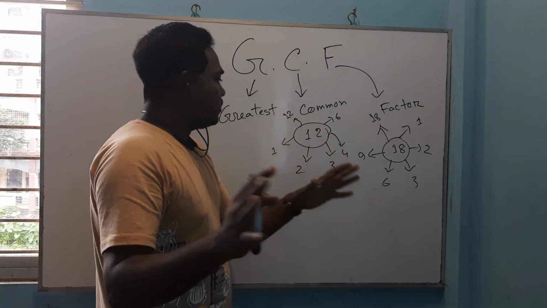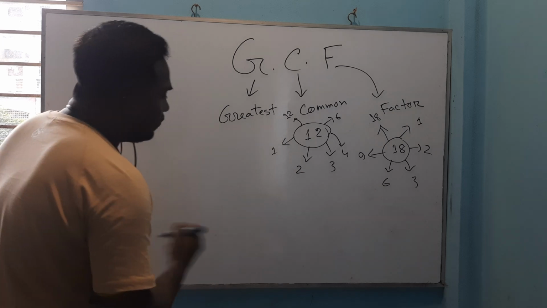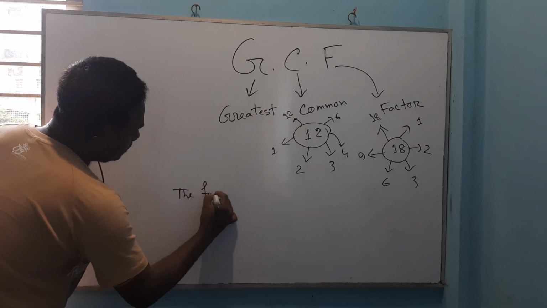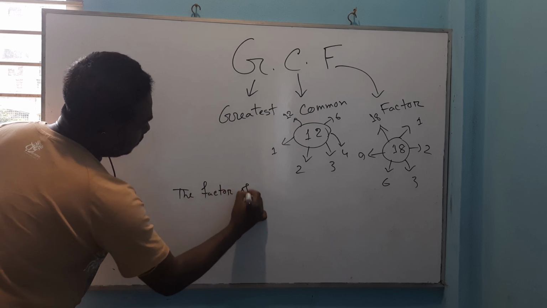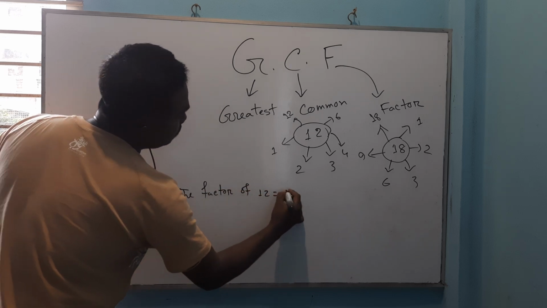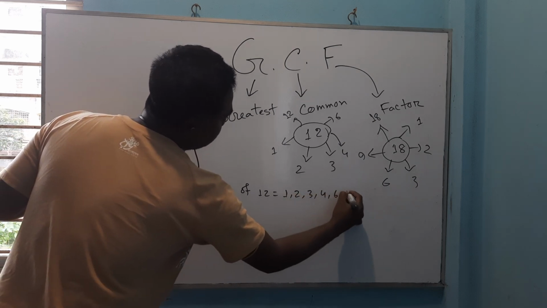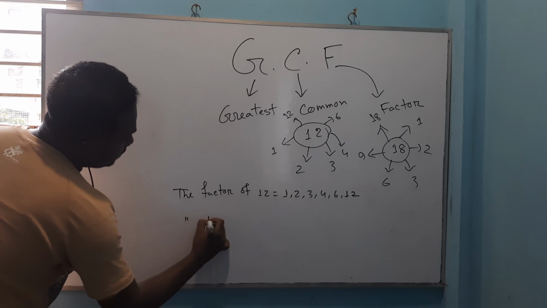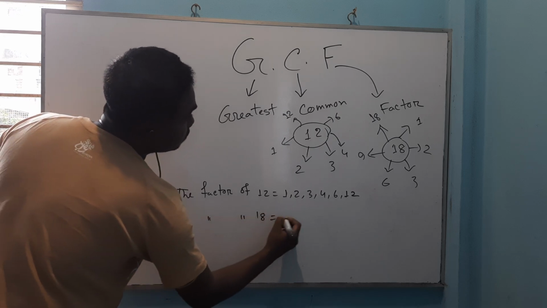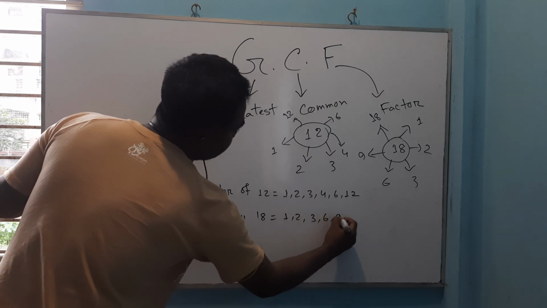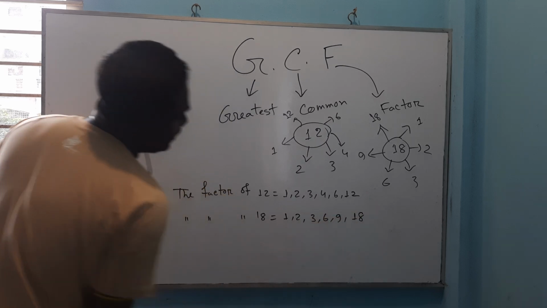The factors of 18 are 1, 2, 3, 6, 9, 18.